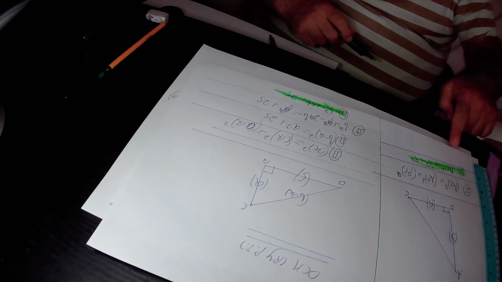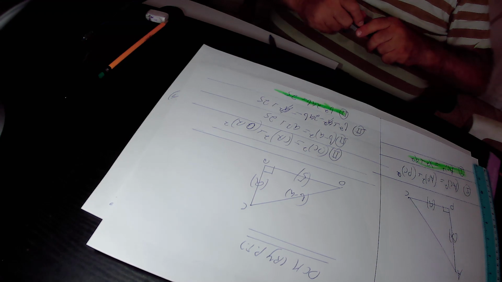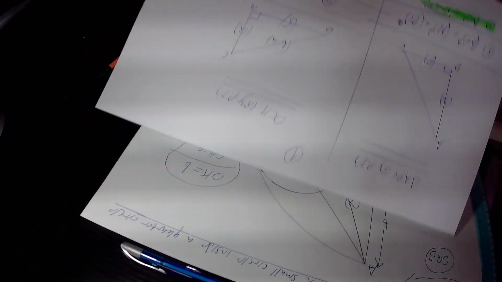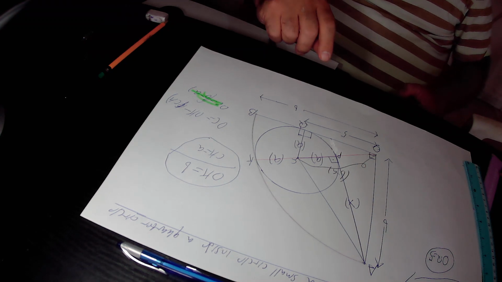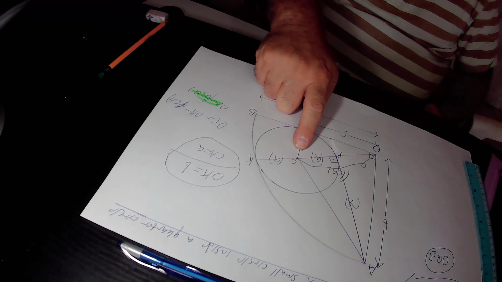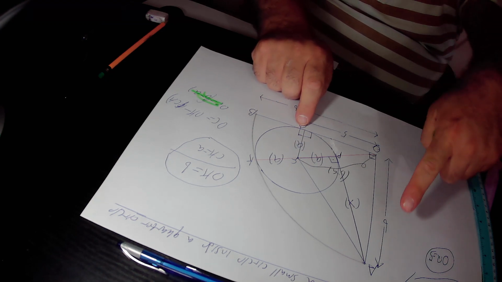Well, according to equation 1, AC squared equals X squared plus A squared. So in the next step, we will do a construction. That is to say, from point C, we will draw a perpendicular on AO.